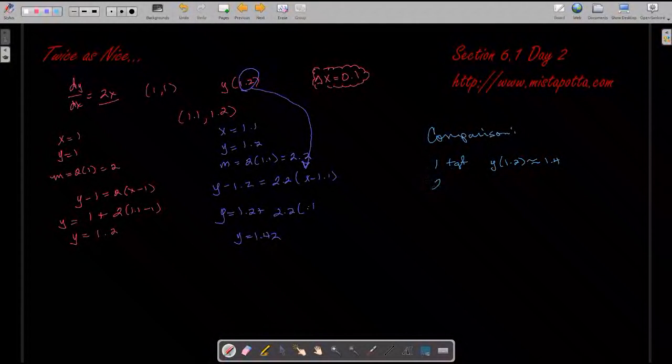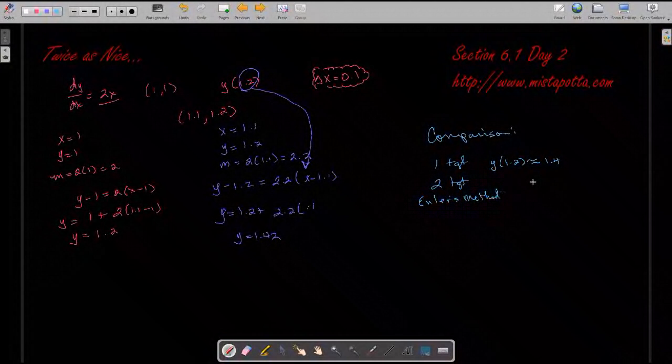But if I use these two tangent lines, or what we call Euler's method, then my y of 1.2 is approximately 1.42.